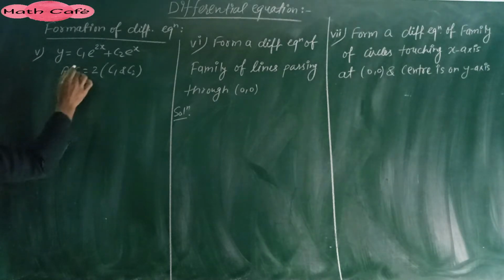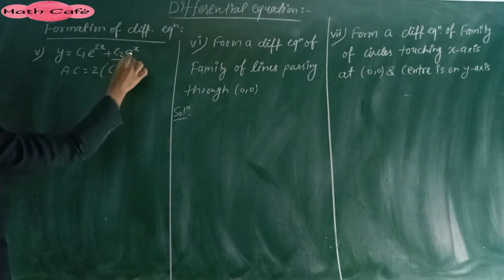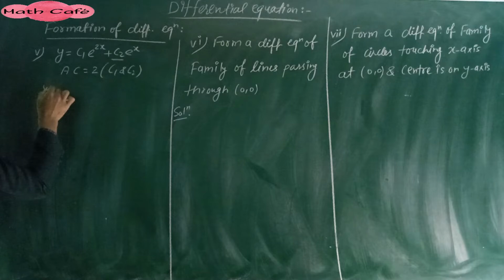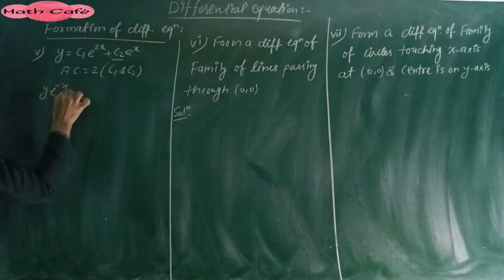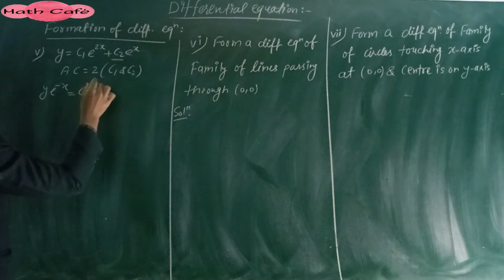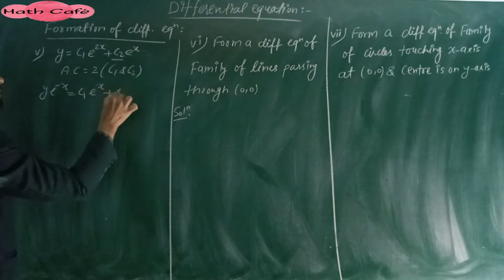Alright, let's move. To remove c2, I can divide by e raised to x on both sides. So this expression will become y into e raised to minus x equals c1 into, after dividing, e raised to x plus c2.